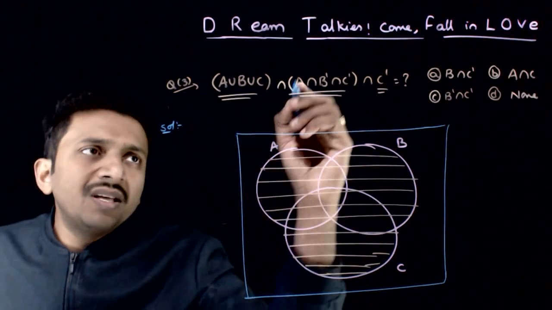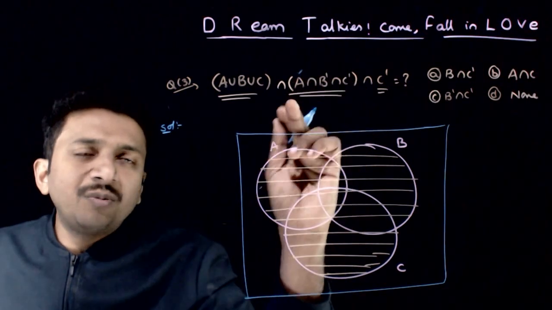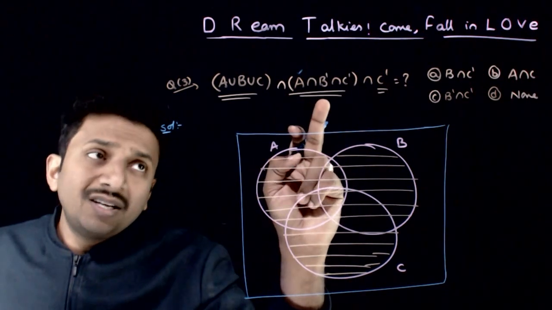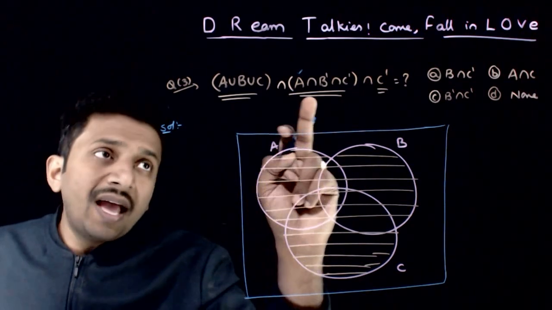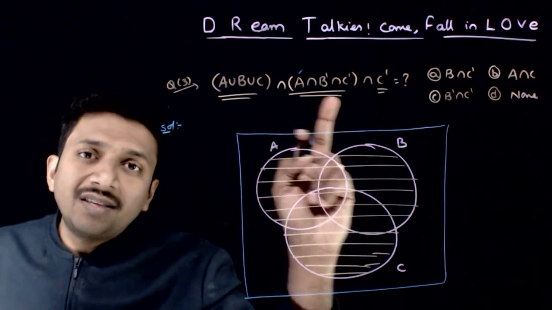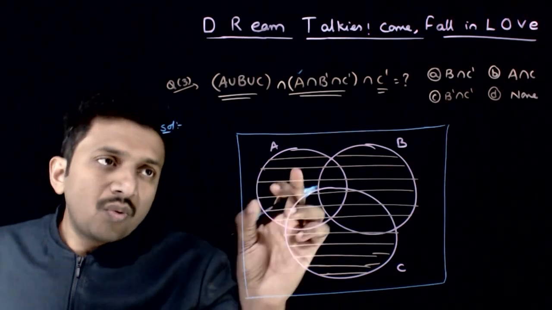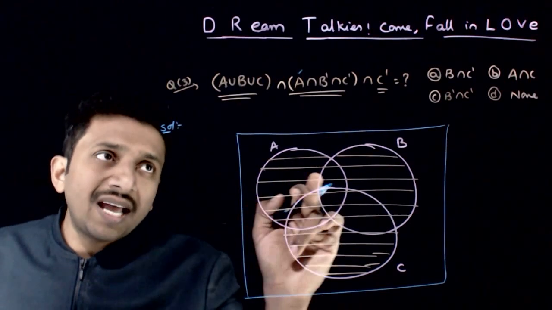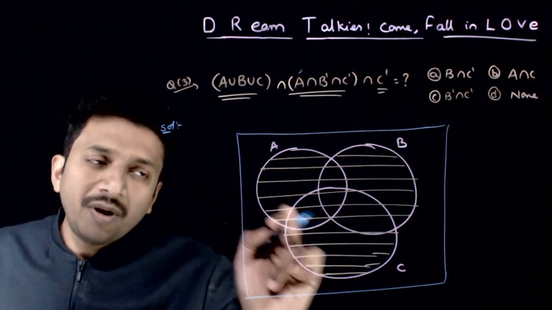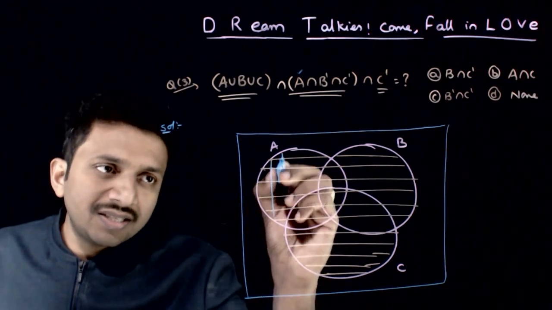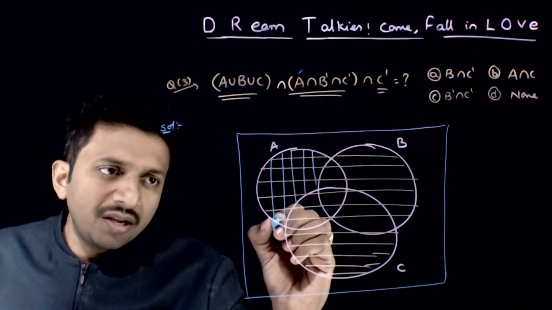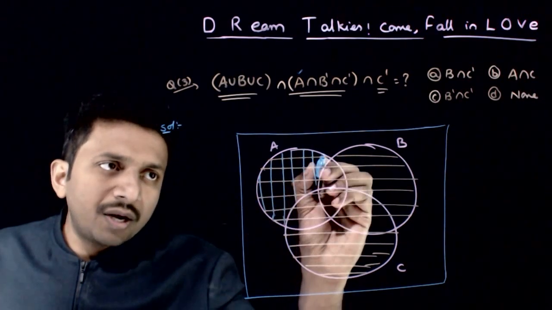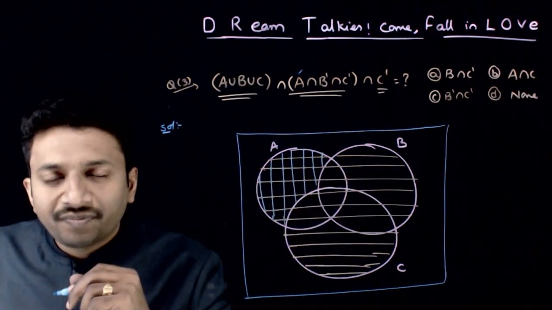What does this mean? The elements have to belong to A and should not belong to B and should not belong to C. So what are the elements in A which belong neither to B nor to C? That is this region, which belongs only to A but not to B and C.